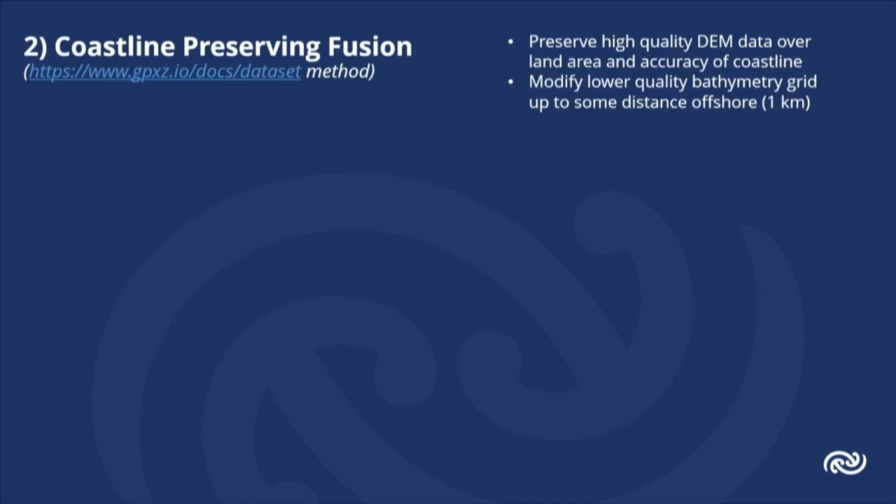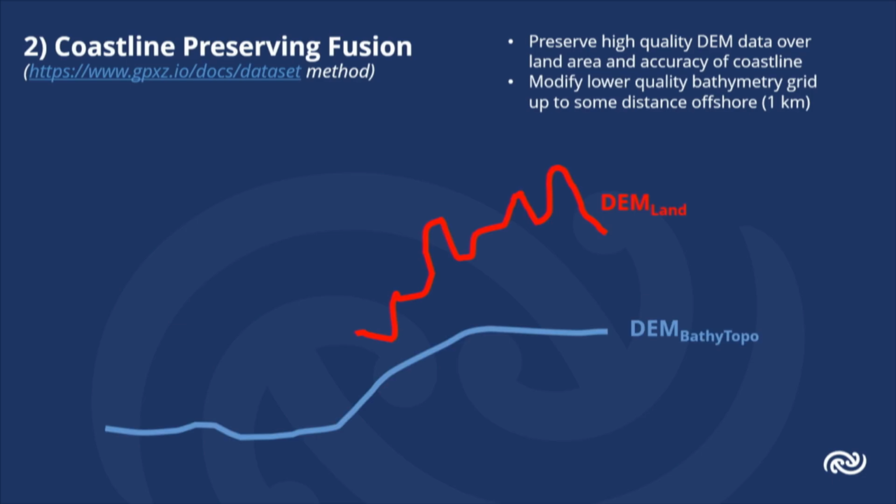Another method that I came across on this website is to preserve the coastline. If we have high resolution data on the land and then a pretty coarse resolution gridded data set, we want to preserve all of the values on the land and only adjust the coarser resolution.